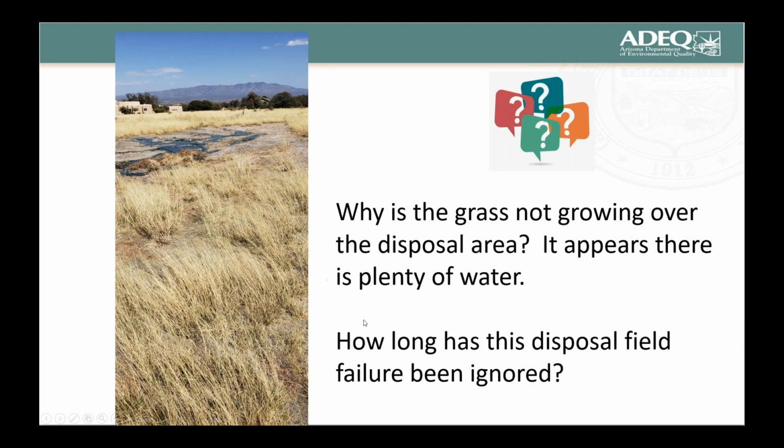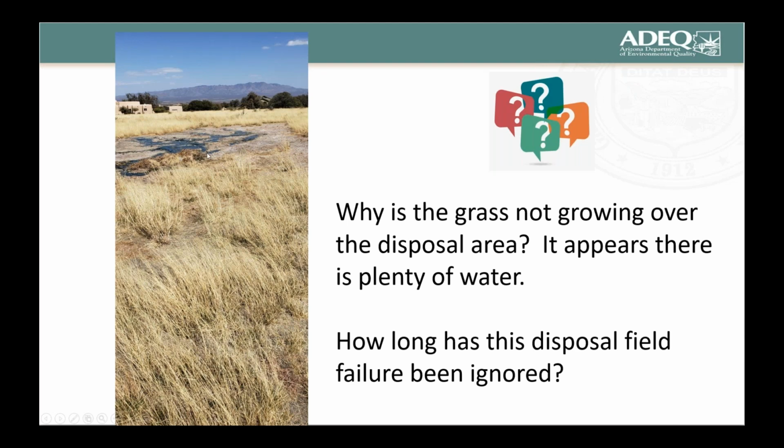There's a problem here. And now, how long has this disposal field failure been ignored? Obviously, it's being ignored. If you look closely, it appears there are areas of white here. My guess is that we have a person concerned about effluent loaded with bacteria and virus, and they sprinkled some calcium hypochlorite to try to sanitize this area some.